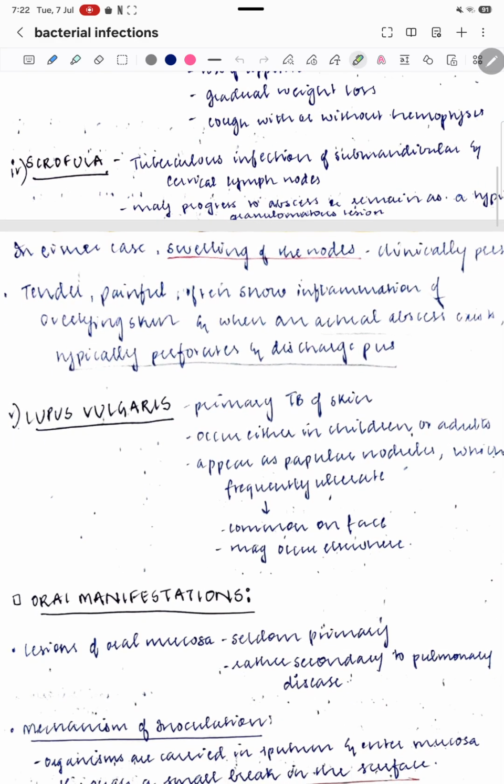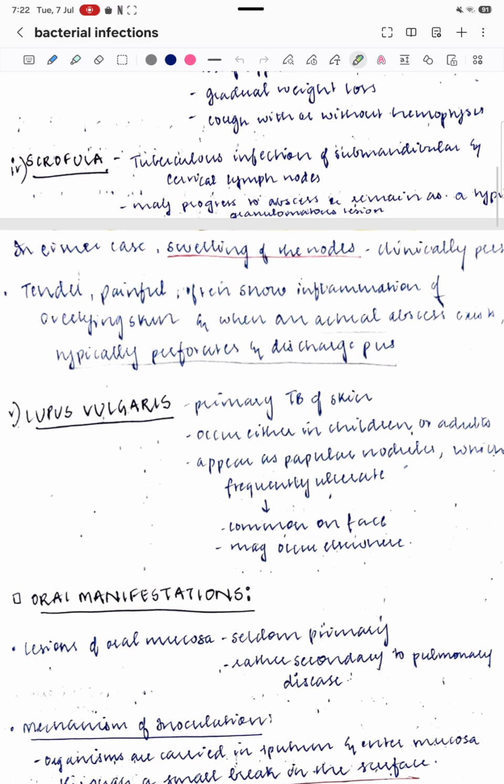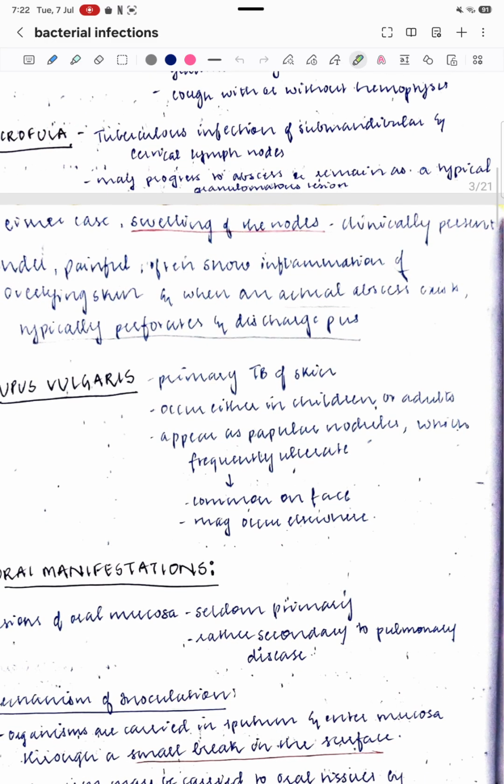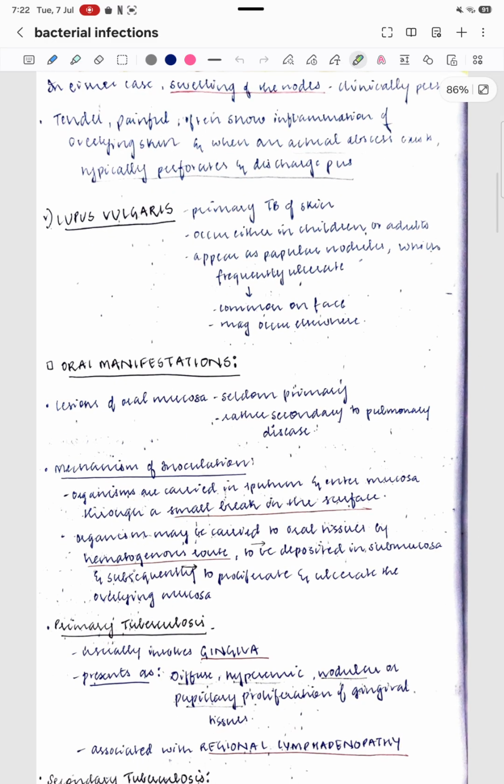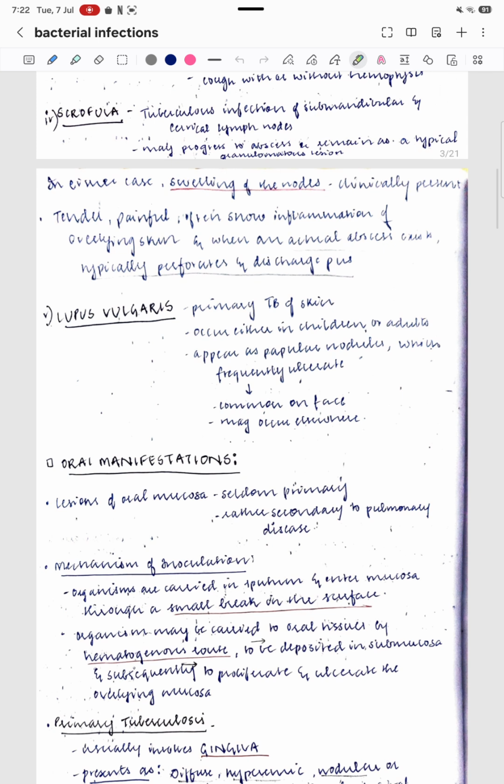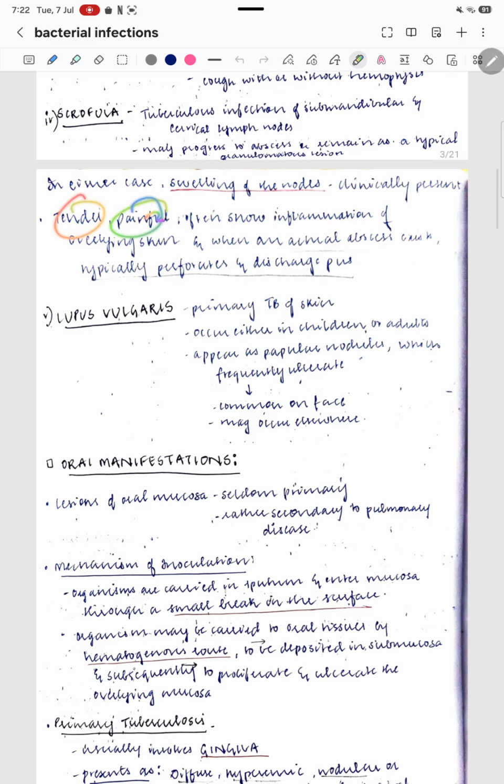In either case, swelling of nodes is clinically present. The nodes become tender, painful, often with slow inflammation of the overlying skin, which is when an actual abscess could occur, and may typically discharge pus.